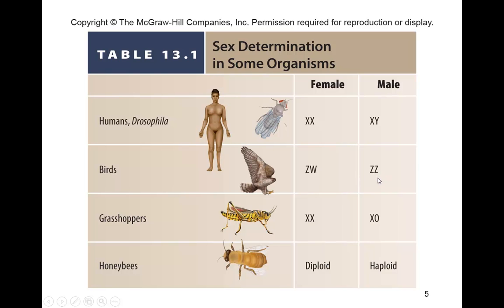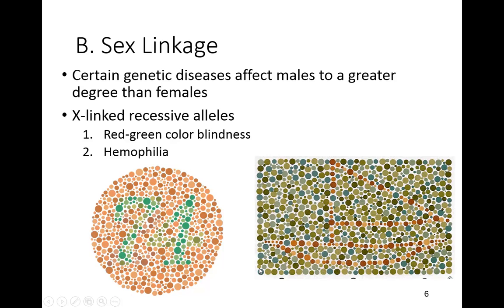Birds have an opposite system where the male has the homozygous sex chromosomes, and the female has a shorter chromosome, heterozygous. In grasshoppers, if you have two X's, you're female, one X, you're male, and honeybees use a haploid-diploid system.